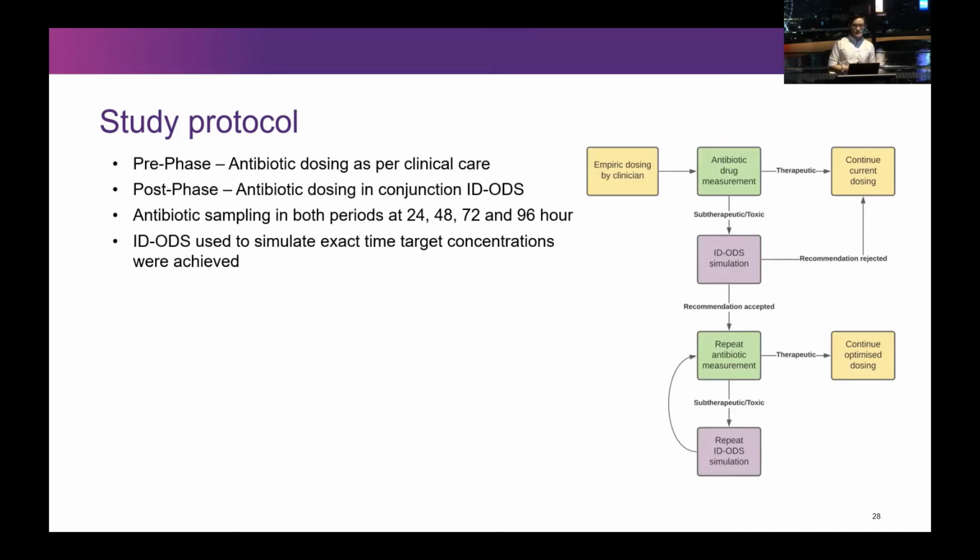Now, antibiotic sampling in this particular study occurred at 24, 48, 72, and 96 hours. Because there was quite a bit of variability in each 24-hour window in terms of when the actual collection was done, we used IDODS to simulate the exact time that the patients achieved those target concentrations using these measurements.